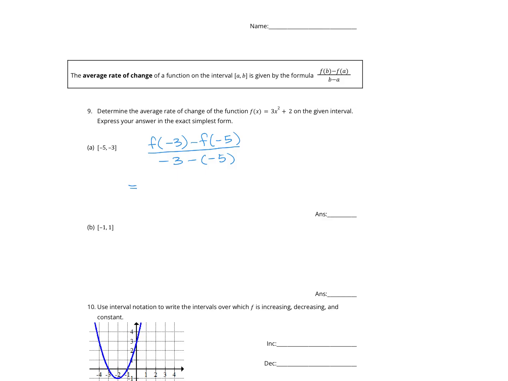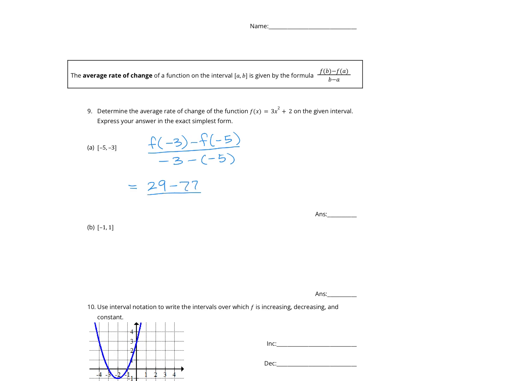Now, f of negative 3 means we're sticking negative 3 in place of x. So negative 3 squared is 9, times 3 is 27, plus 2 more makes 29. So that is 29. F of negative 5 is negative 5 squared, which is 25, times 3 makes 75, plus 2 more makes 77.